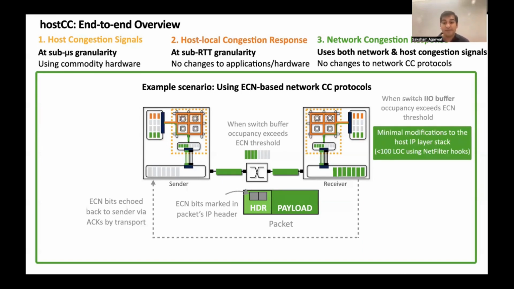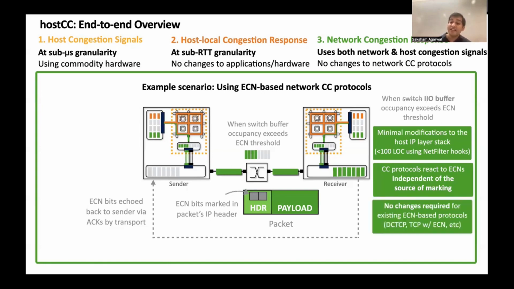This process requires minimal modifications to the host IP stack. The transport layer echoes back the ECN signals and the CC reacts to them, independent of the source of markings, that is whether they were generated at the switches or at the end hosts. Therefore, no changes are required in the existing CC protocols, and the sending rate converges to the minimum available network and host interconnect capacity.